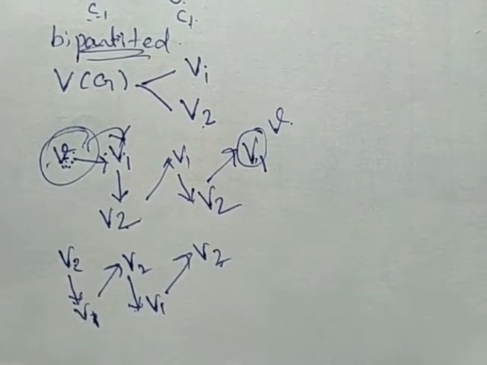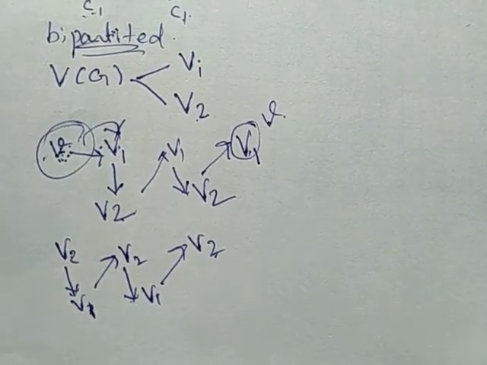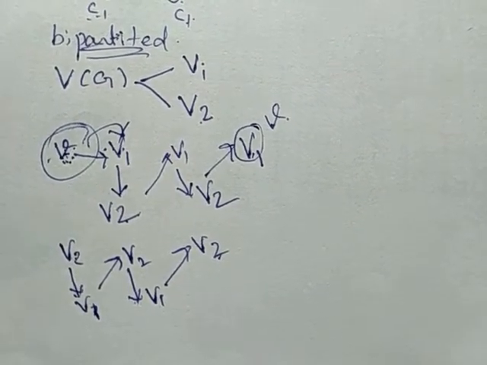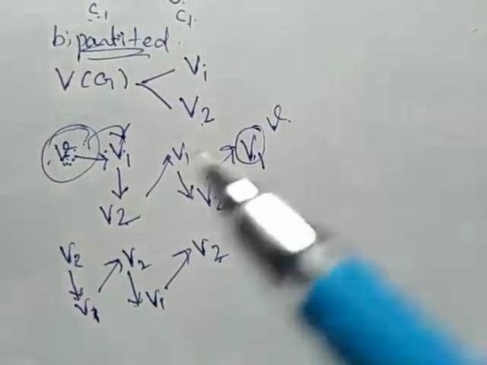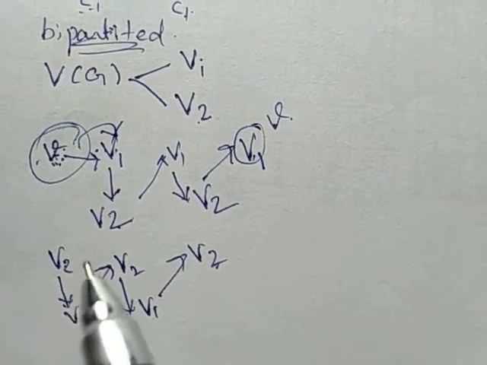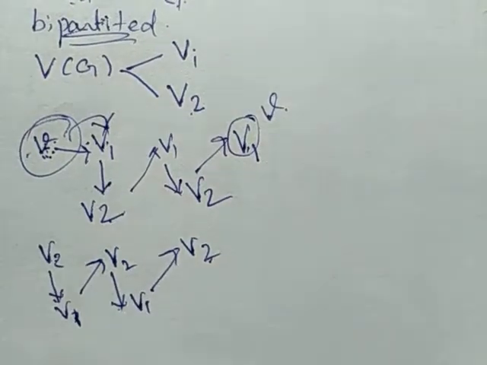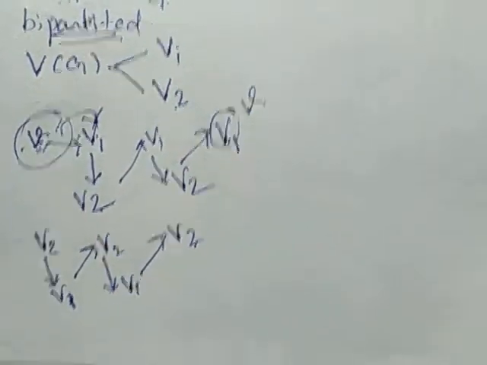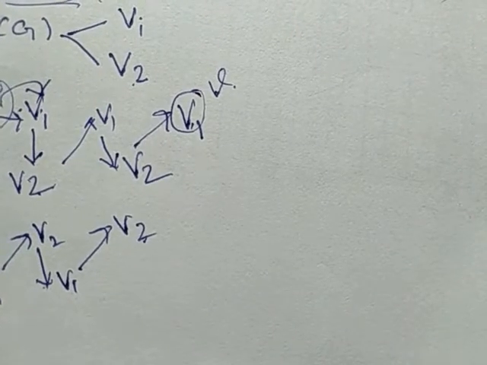So when we travel on the edges, the edges of G are the only edges between V1 and V2. So if we start from V, we have to come back to V along the cycle. It means if we start from V1, we have to come back to V1 itself. Or if we start from V2, we have to come back to V2 itself.